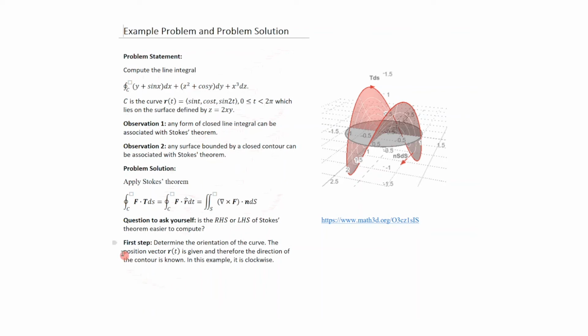You go to the position vector, go from t equals 0 to 2 pi, and trace out the path. It turns out the path is moving like this around the contour. Looking downwards, it looks like it's going in a clockwise direction. Using the right-hand rule, you would point your fingers in the direction of traversal, which is clockwise. Okay, so that's the statement made here.